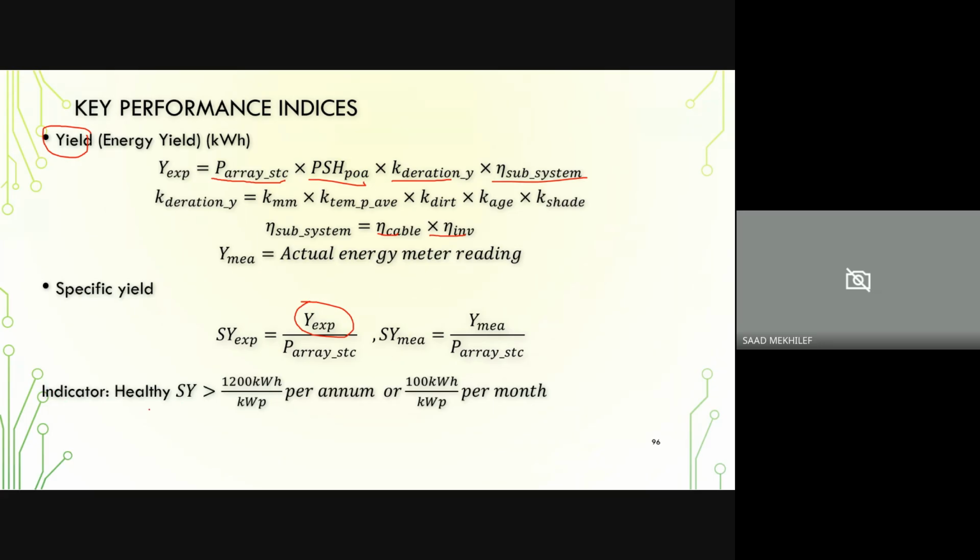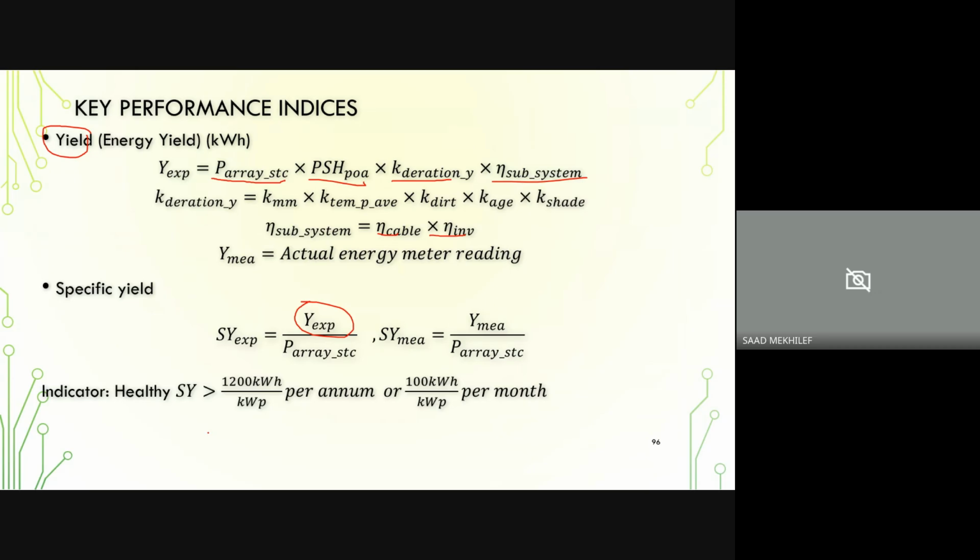So what is the indicator? If the SY is greater than 1,200 kilowatt hour per kilowatt peak per annum, or 1,000 kilowatt hour per kilowatt peak per month, this is what we call a healthy system. It means if you have a system which can give you 1,200 kilowatt hour per kilowatt peak per annum, or greater than this, the system is very healthy.